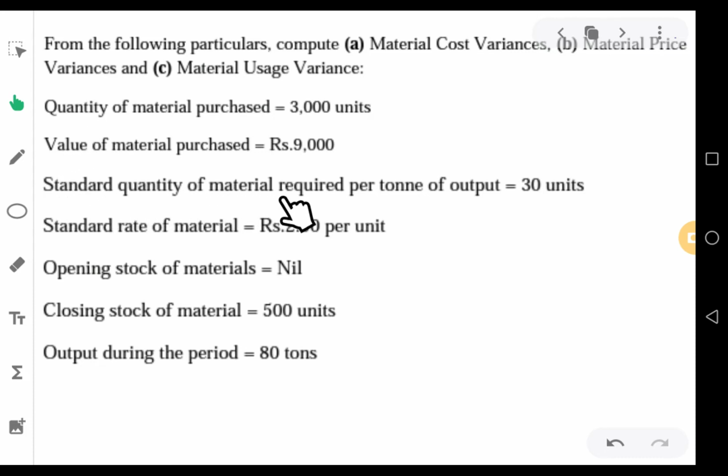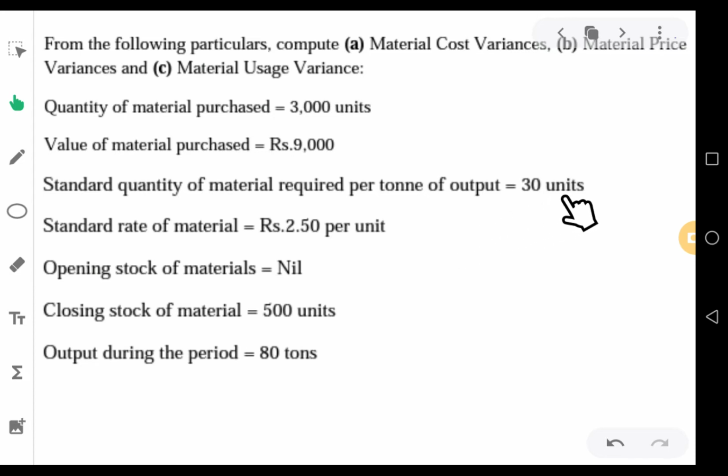Standard quantity of material required per ton of output is equal to 30 units. They are telling about the standard quantity of material required to manufacture 1 ton, as they are using the word per ton. That means to manufacture 1 ton of output, they are using 30 units.